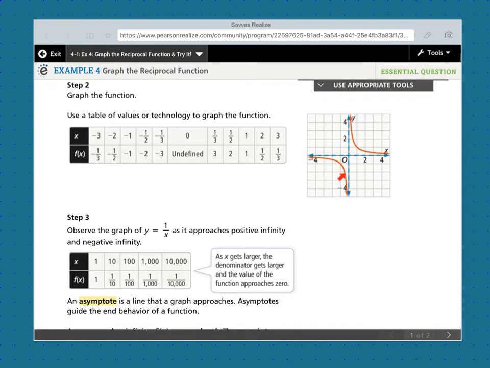So again, for the reciprocal function y equals 1 over x, you have two curves, one in the first quadrant, one in the third quadrant. And they both have y equals 0 as well as x equals 0, meaning the x-axis and y-axis, as the asymptotes.